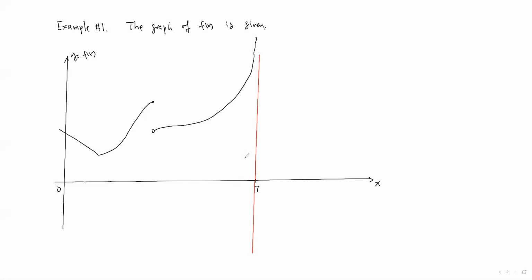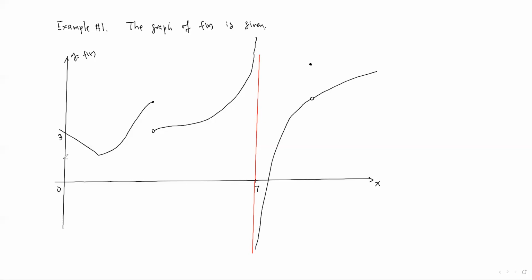Go up to infinity, and then here down to negative infinity. Then open dot, this point is not part of the graph. Then there is a solid dot here. This point is number 3.